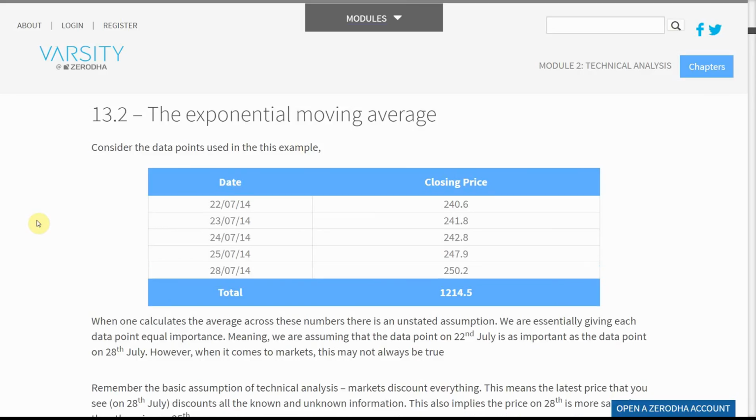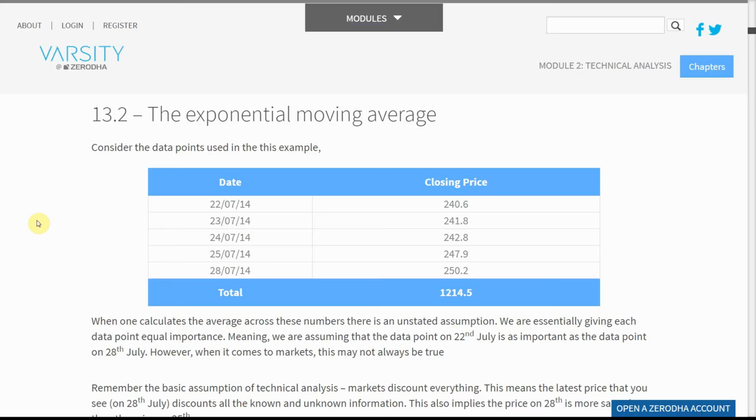Consider the data points used in this example. Date, closing price. The 14th of July 22, 240.6. The 14th of July 23, 241.8. The 14th of July 24, 242.8. The 14th of July 25, 247.9.